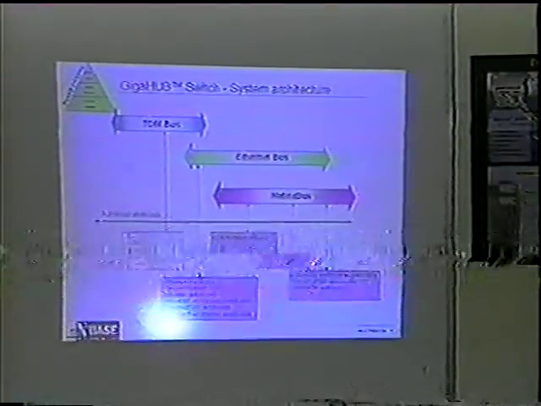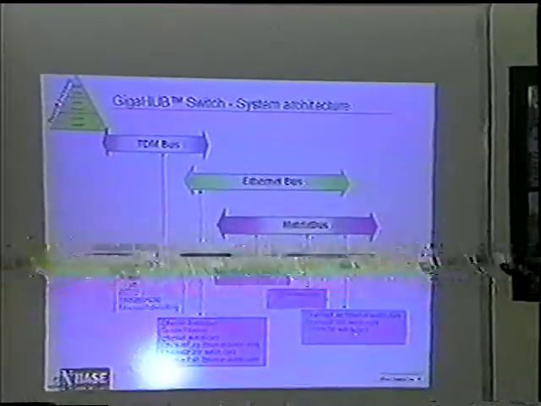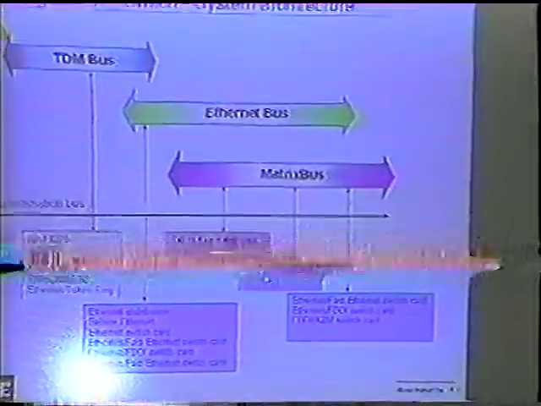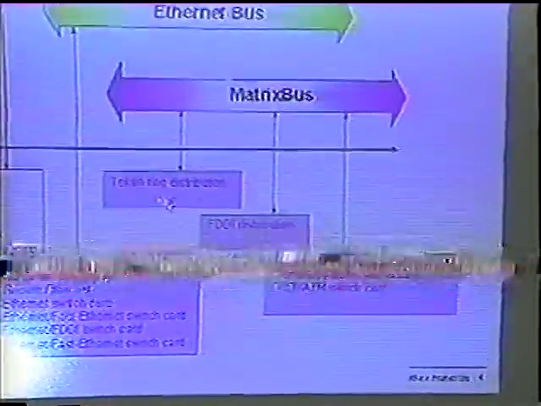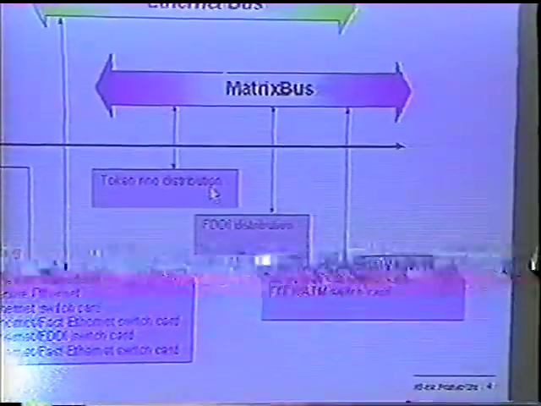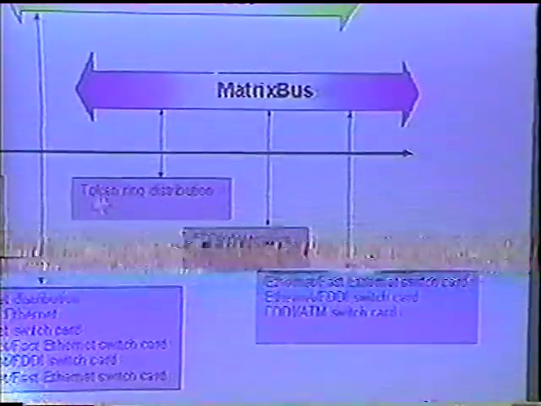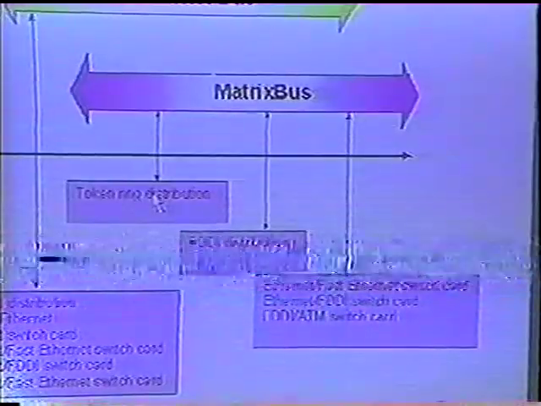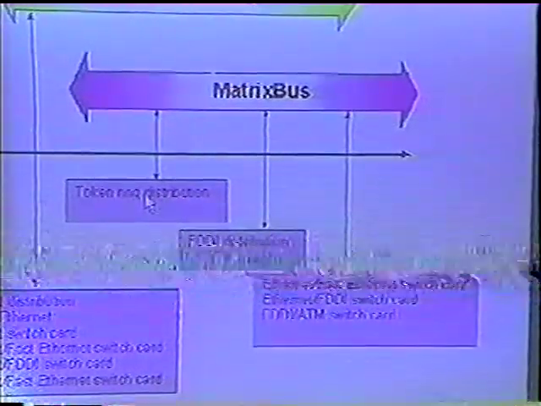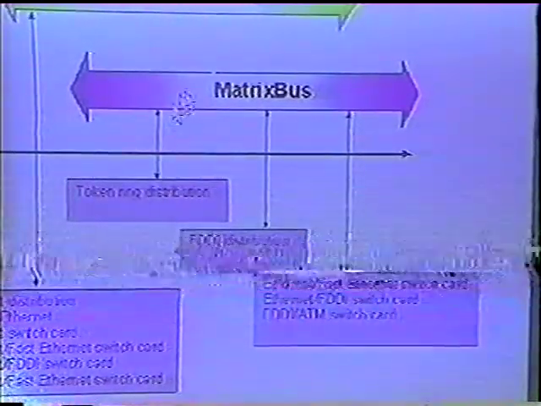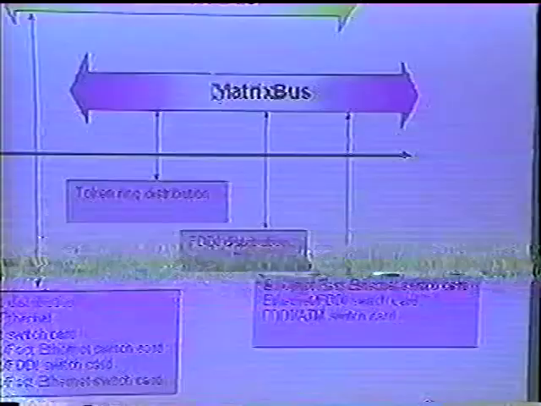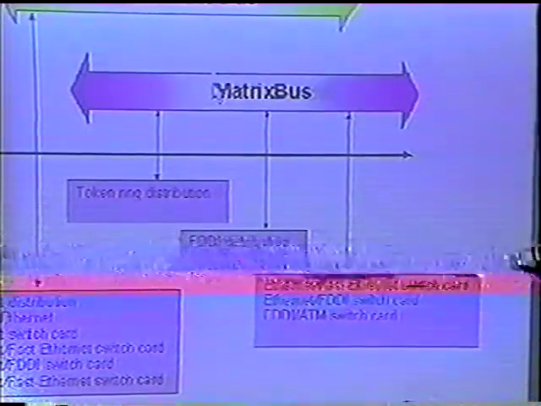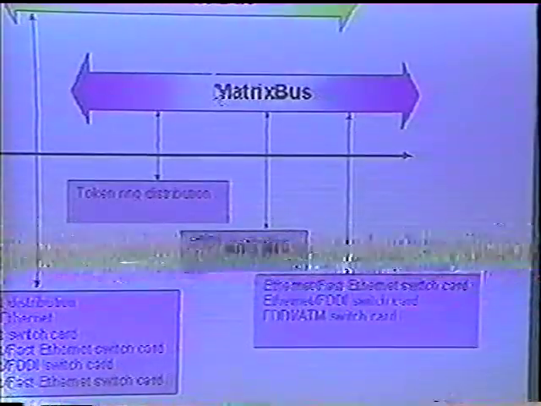It also supports FDDI to ATM switch cards, and the FDDI distribution cards, which I will show you later. And the token ring distribution cards. Though they can only get up to 16 megabit per second, we run them also on the matrix bus, which was designed for high-speed signals, because of the way that we can do rings over the backplane.